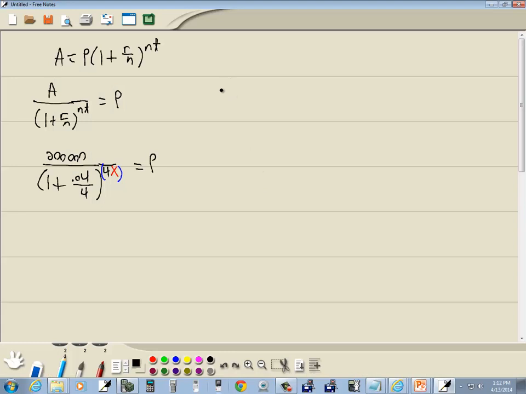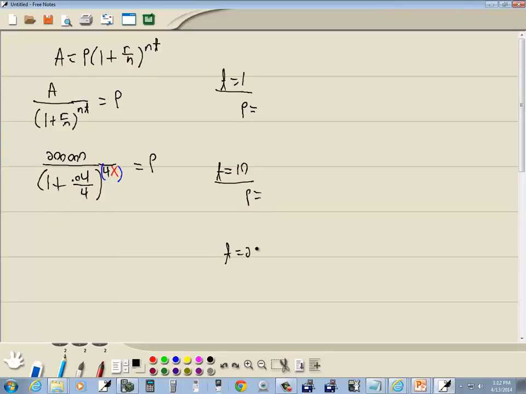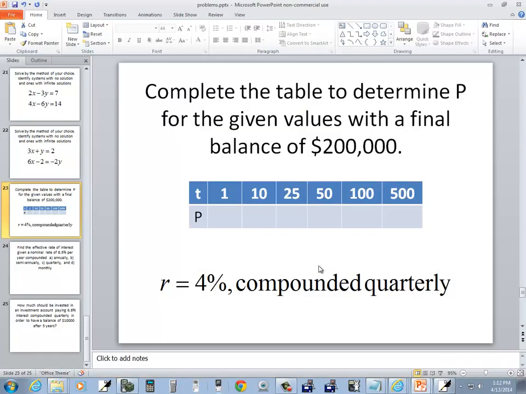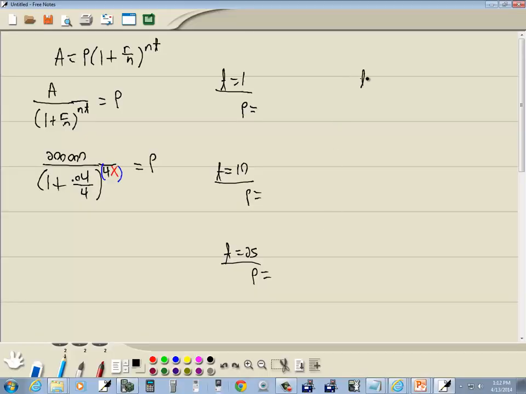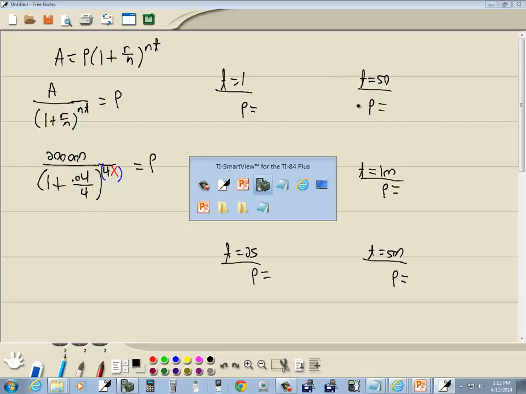T is equal to 1, 10, 25, 50, 100, and 500.